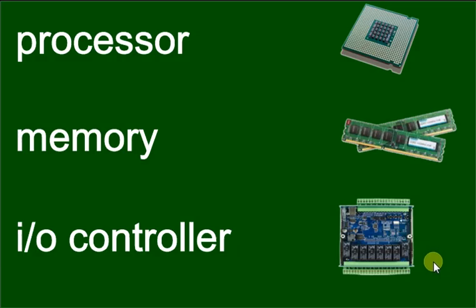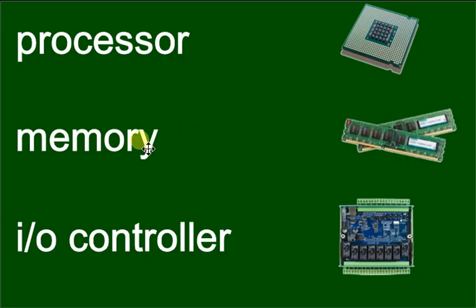So we need to get data in from a keyboard, for example, and things where we need to get data out. So we need to get data out onto a monitor. So we have to have something that controls those devices because they're not actually part of the computer system. So the processor we often think of as the brains of the computer.